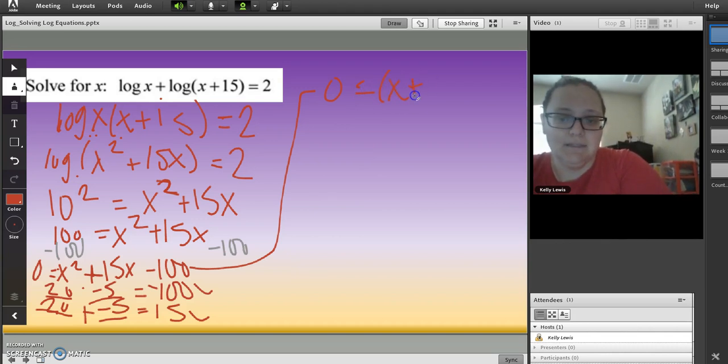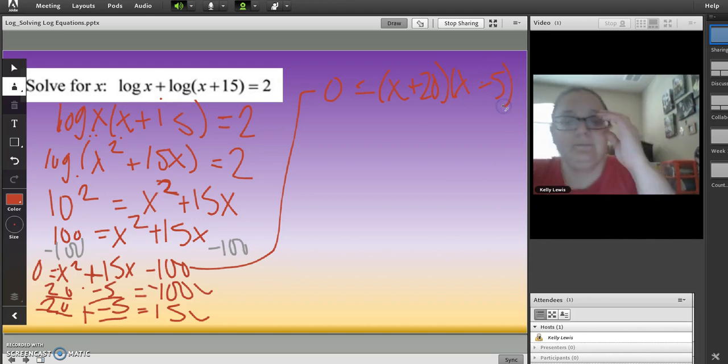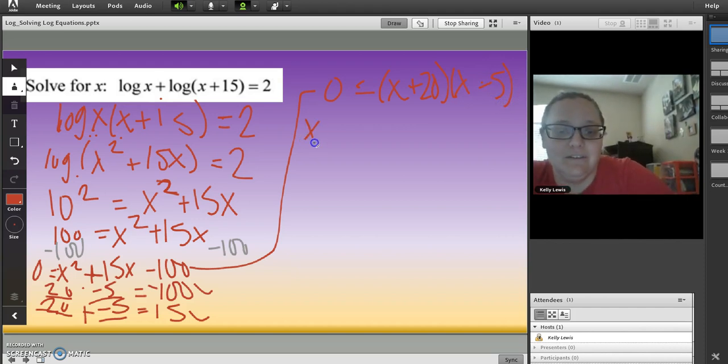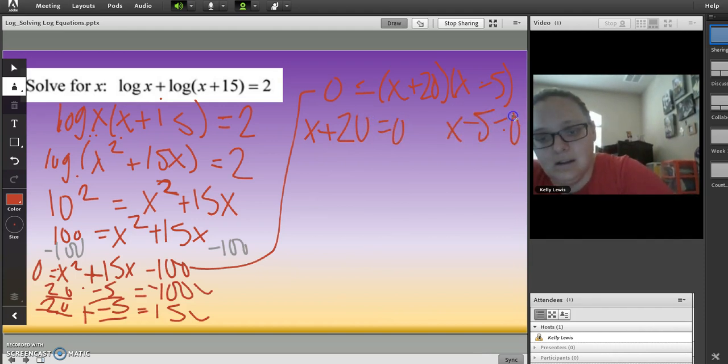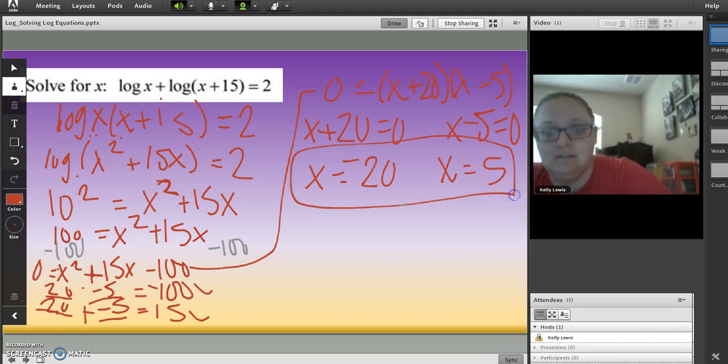So this factors to x plus 20, x minus 5. And so I'm going to set each factor equal to 0. And so I get x equals negative 20, x equals positive 5. But I've got to check.